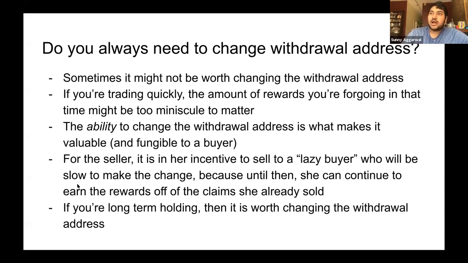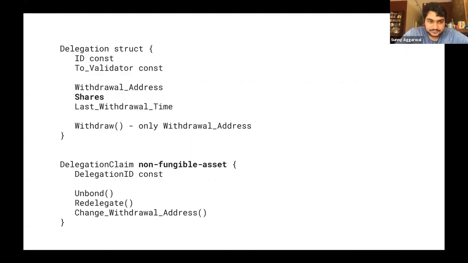But really, the fungibility comes from the buyer's perspective, because if you think about it in a Uniswap market, as long as it's the same to the buyer, that's what really matters. And if you are long-term holding an asset, then yes, it is worth changing the withdrawal address.